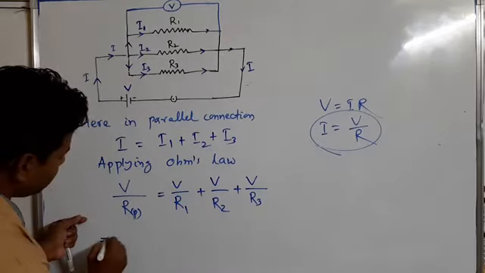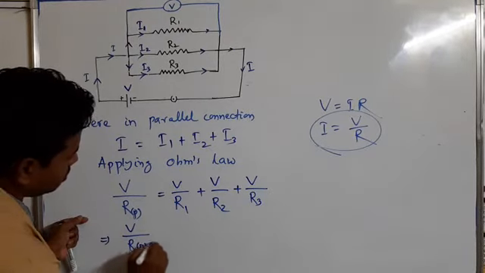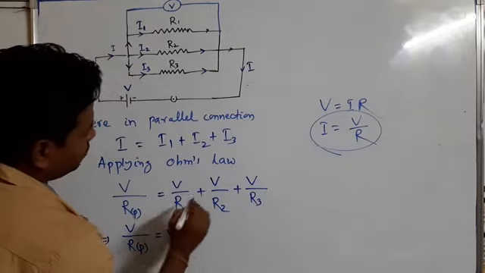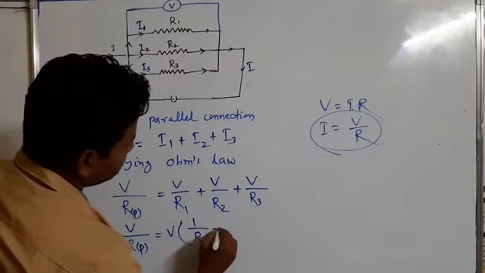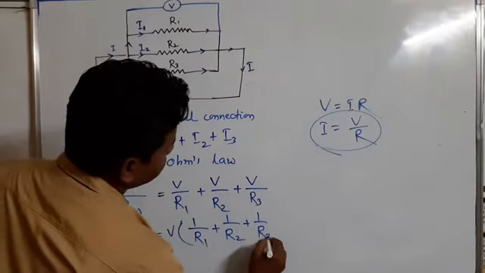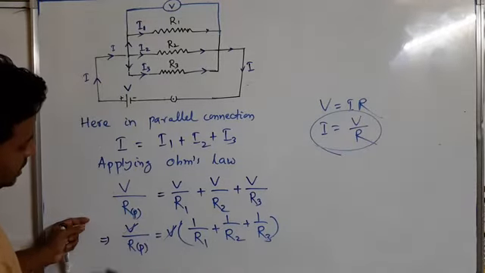Then you have to take out the common V. If you take the V common here, then it will be 1 by R1 plus 1 by R2 plus 1 by R3. And V is the same on both sides, you can cancel it.